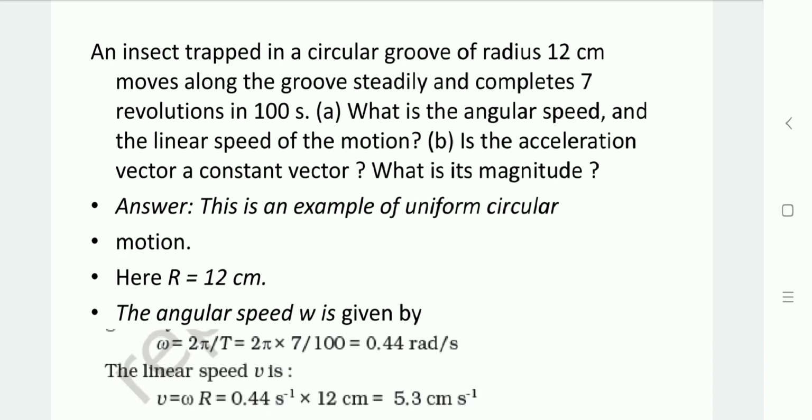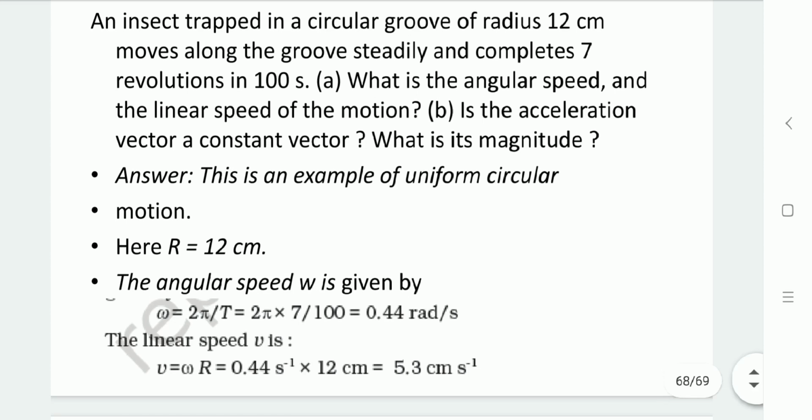So 7 revolutions are completed in 100 seconds. For one revolution, how much time is required? 100 by 7. So time capital T equals 100 by 7. So omega equals 2 pi by T equals 2 pi into 7 by 100. We have the angular speed 0.44 radian per second.